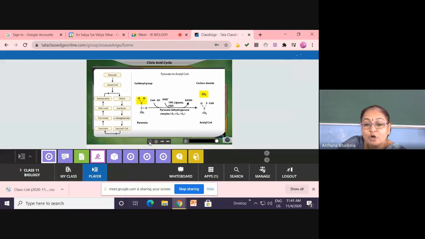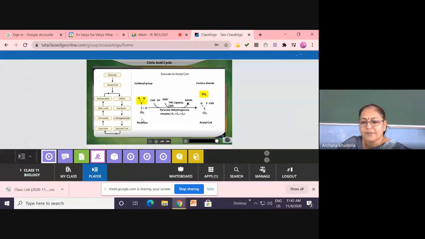So children, those who want to write down this equation, you can note down. Okay, this is pyruvate, which is a 3-carbon compound. So you can see here COO, then CO, CH3. So to this pyruvate, the coenzyme A is combining, and you get acetyl coenzyme A, and carbon dioxide is removed.